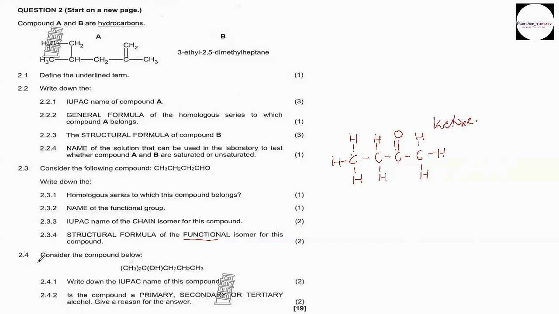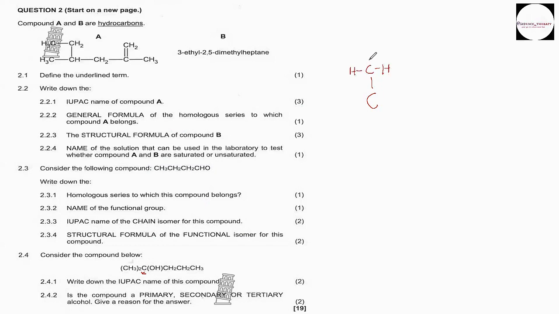Okay, now 2.4, consider the compound below. They say 2.4.1, write down the IUPAC name of this compound. So once again, let's start by breaking this down, right? So we can see that our carbon there needs to be bonded to a carbon that has 3 hydrogen atoms, but then not only 1 but 2 of these carbons that have 3 hydrogen atoms.